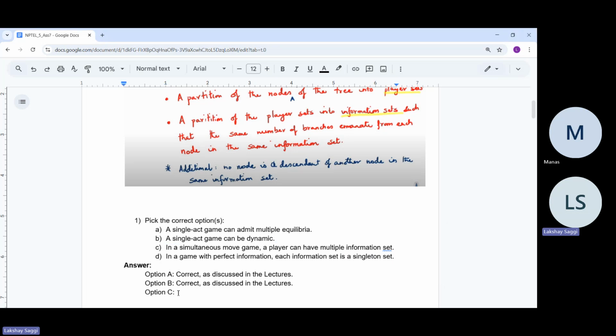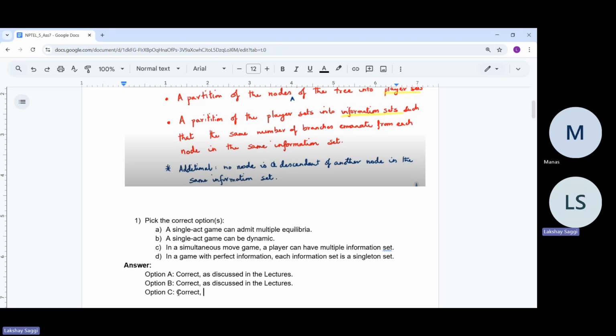Actually, yes, in a simultaneous game there won't be multiple information sets. And why is this the case? What does an information set correspond to? An information set corresponds to the player not being able to distinguish between two nodes. In a simultaneous move game, all the players are playing simultaneously.